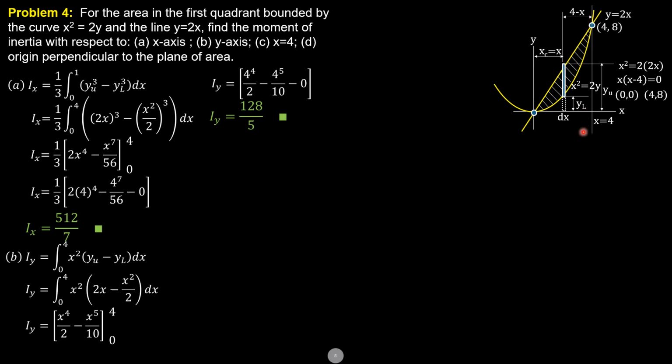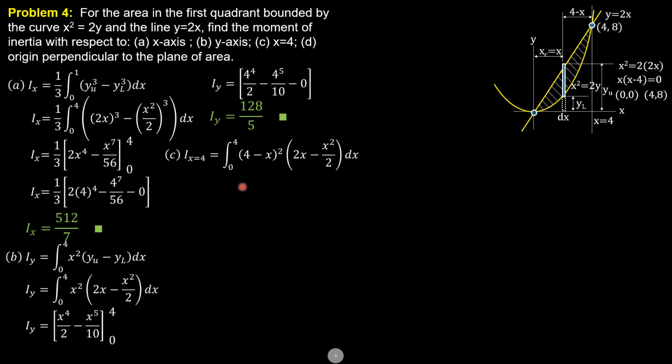So I with respect to x equals 4 is the constant distance squared, so integral of quantity 4 minus x squared. Then the differential area again is upper y minus lower y dx, which we copy from here, 2x minus x squared over 2. So I with respect to x equals 4 equals integral from 0 to 4, variable of integration again is x, of quantity 4 minus x squared times 2x minus x squared over 2 dx.